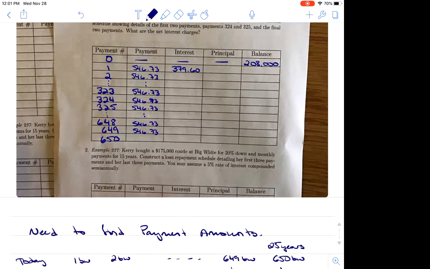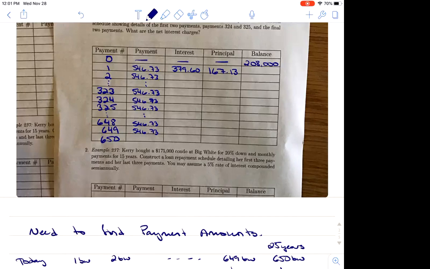So we made a payment of 546.73, right? But we also know that 379.60 of that has to go towards the interest. The rest is going to be the principal. So we have 546.73 minus 379.60. So the amount that we're paying off on the principal is 167 and 13 pennies.